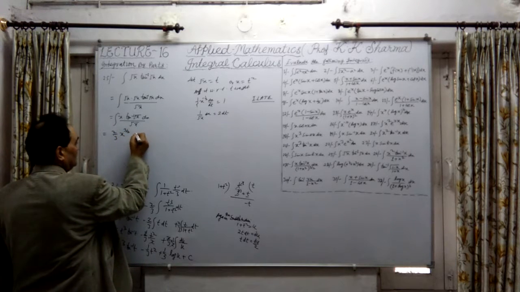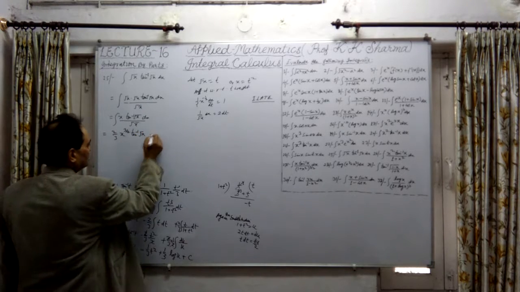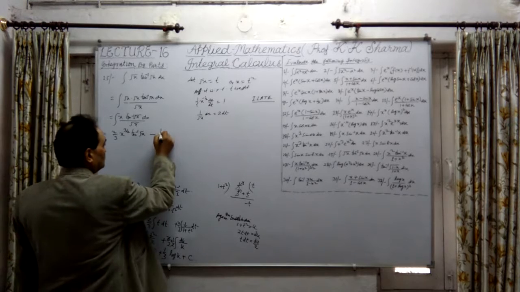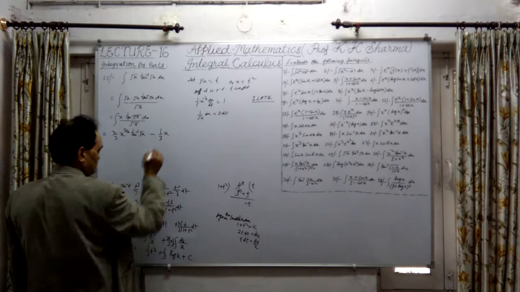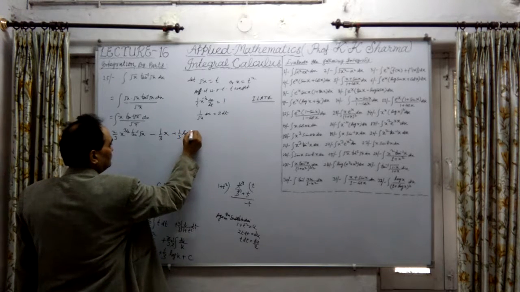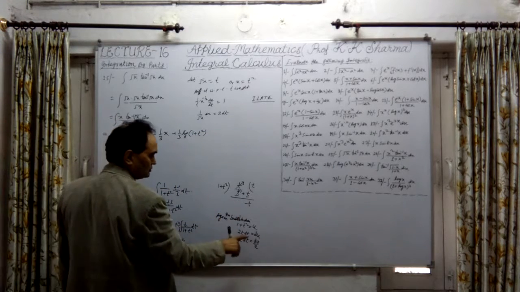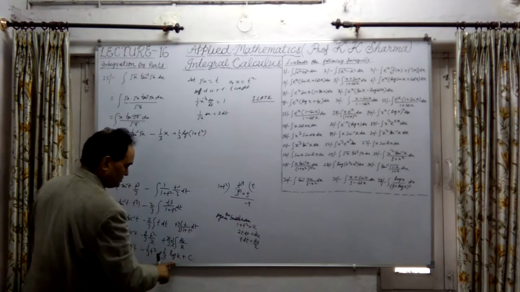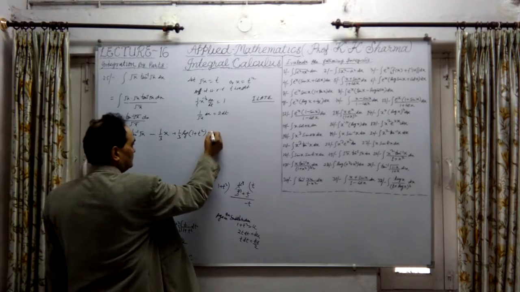into tan inverse t, that means tan inverse root x, minus 1 by 3 t square, t square means x only, plus 1 by 3 log of u, u is equal to 1 plus t square, plus constant of integration.